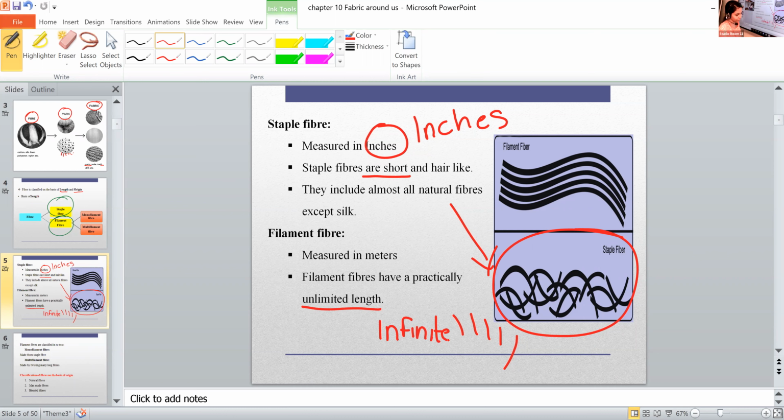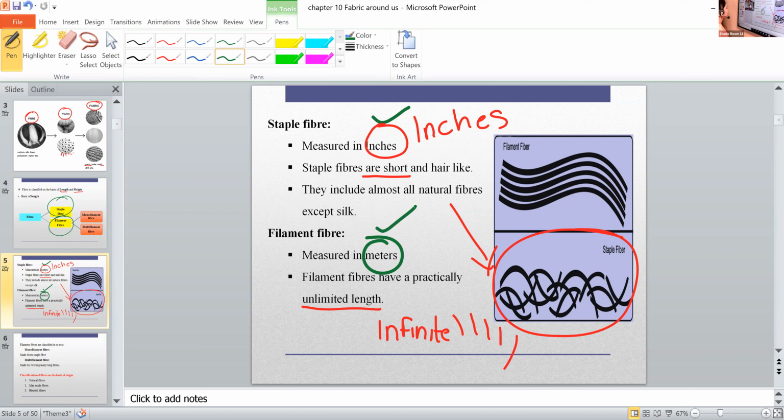Fibers with infinite length are called filament fibers. And they are measured in meters. This is a difference: staple fibers are measured in inches and filament fibers are measured in meters.